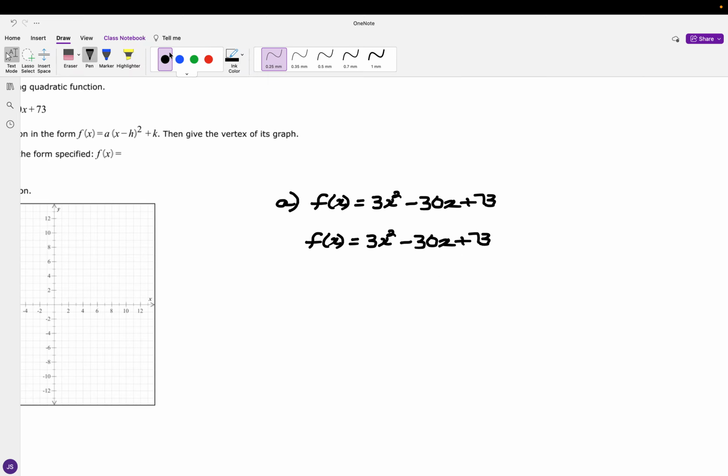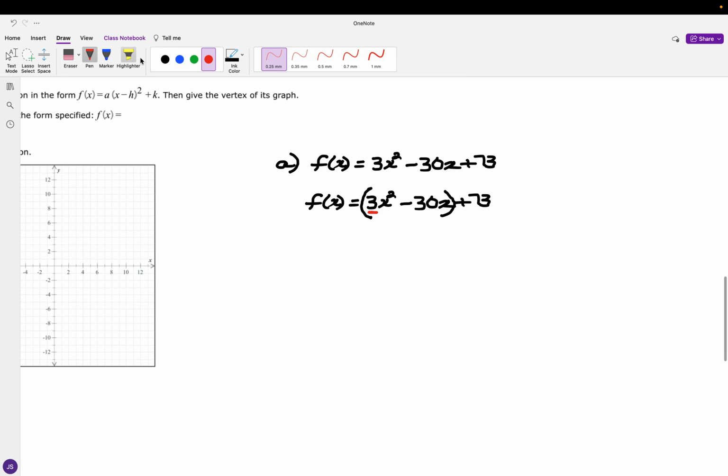For the variable terms, we have 3x squared minus 30x, and upon separating, I want the first term in the parentheses to be just x squared. Notice the leading term has the coefficient 3.